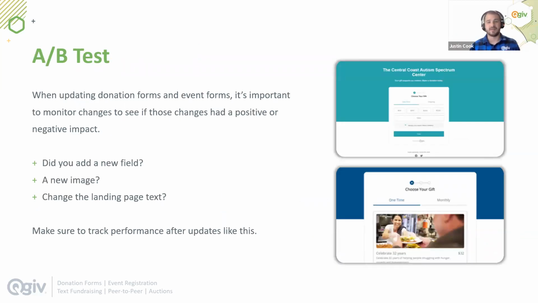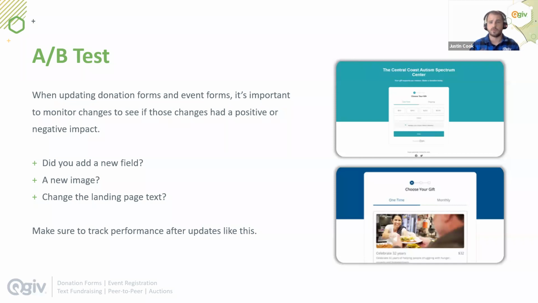And another great topic that I love is A/B testing. So A/B testing is the ability to compare one set of changes to a default form that you have. So for example, if you have one form that is always performing really well, but you wanted to add one additional question because you think it would help you with tracking your donors and giving them the information that they need, A/B testing is a great way to do that and to set up a way to track how that little change affects both the amount given, the conversion rates that happen on your forms, and so on and so forth.